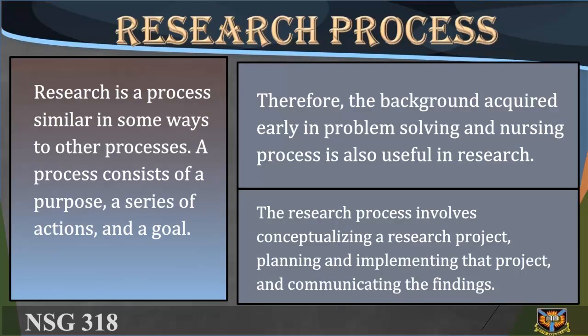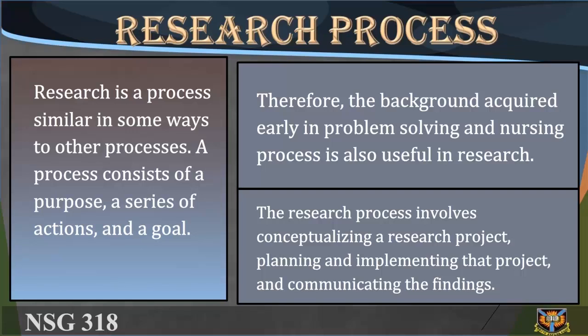Research process. Research is a process similar in some ways to other processes. A process consists of a purpose, a series of actions, and a goal. Therefore, the background acquired early in problem solving and the nursing process is also useful in research.